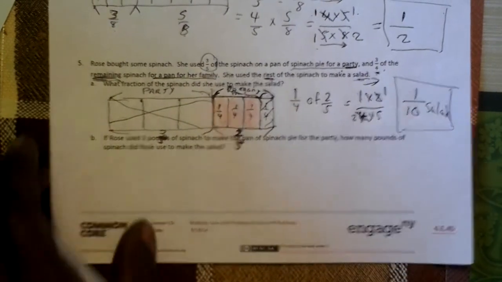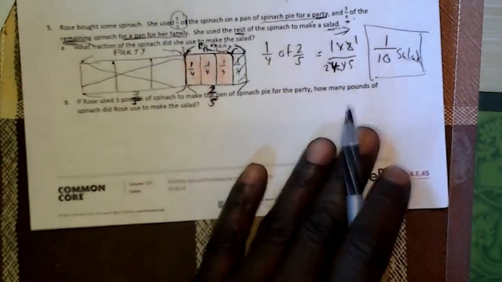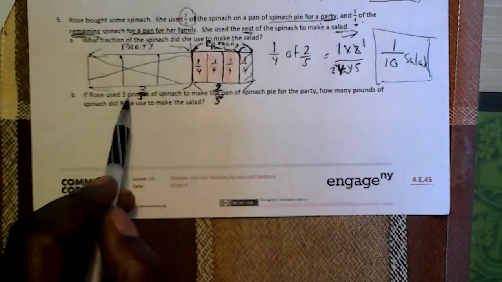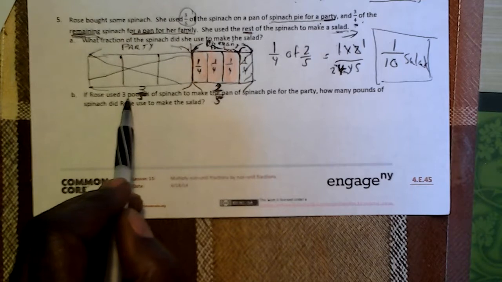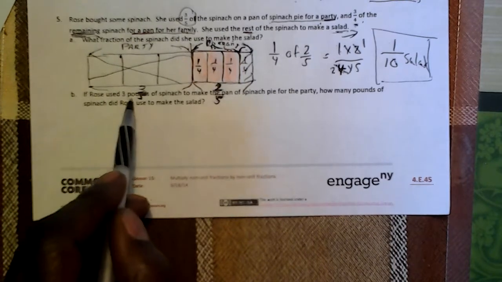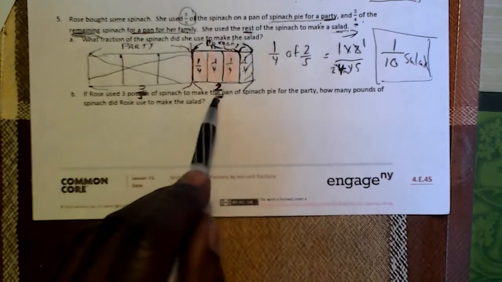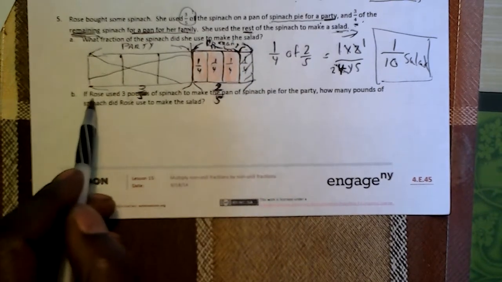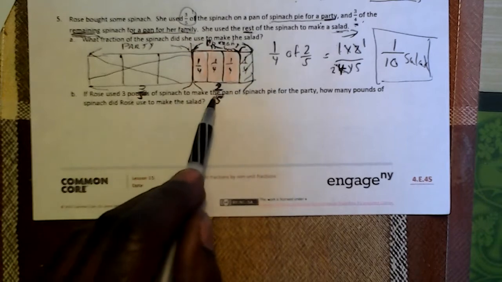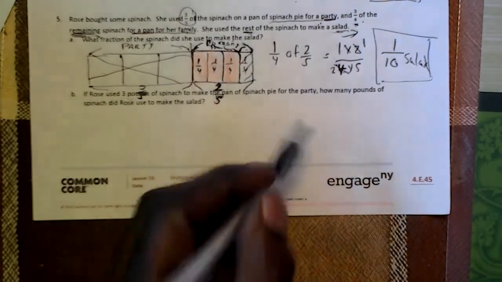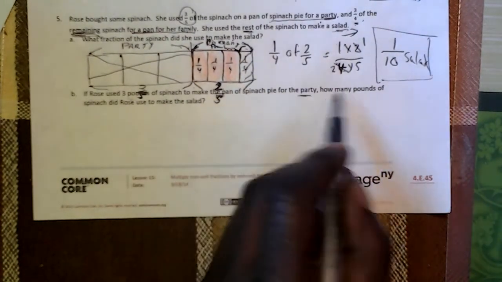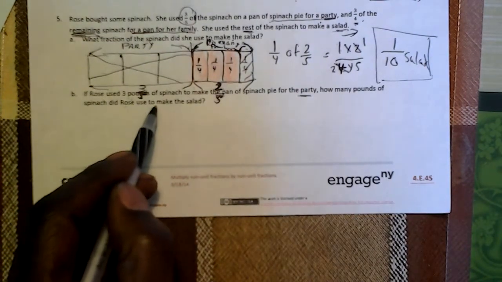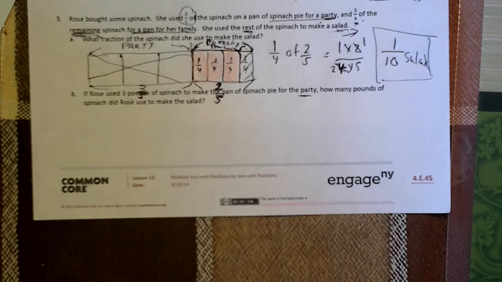Now, last question. And it says, if Rose used 3 pounds of spinach to make this pan of spinach pie for the party, how many pounds of spinach did Rose use to make the salad?